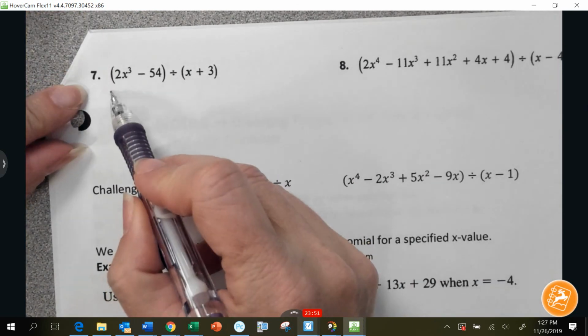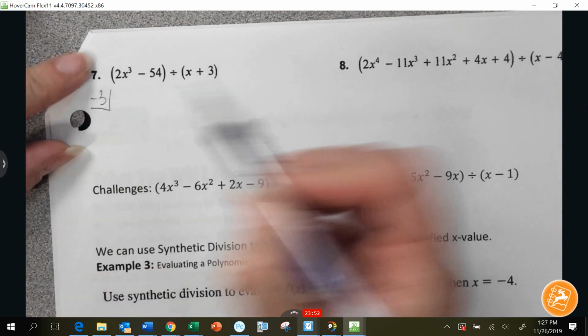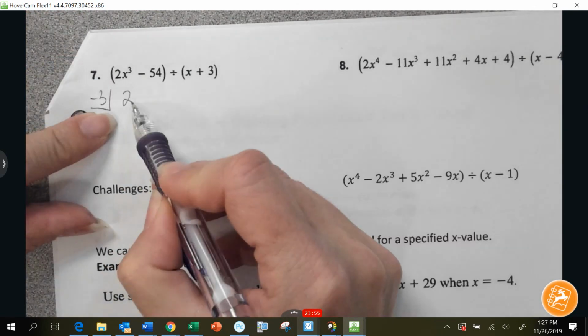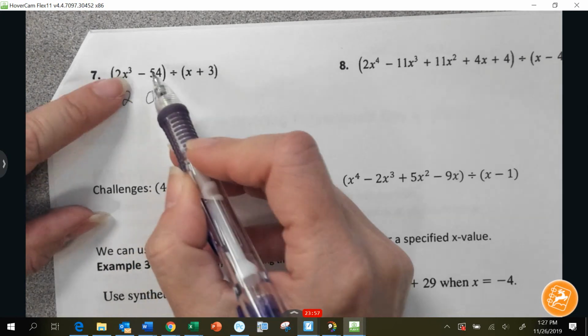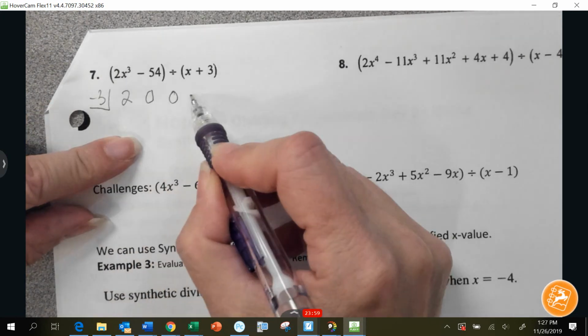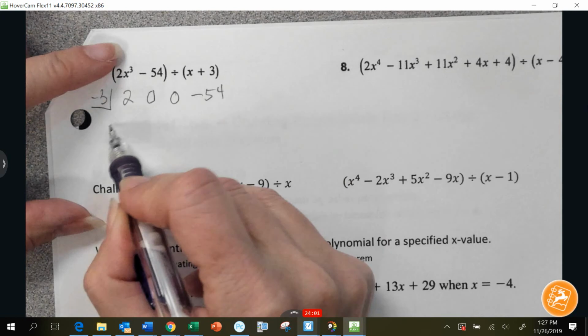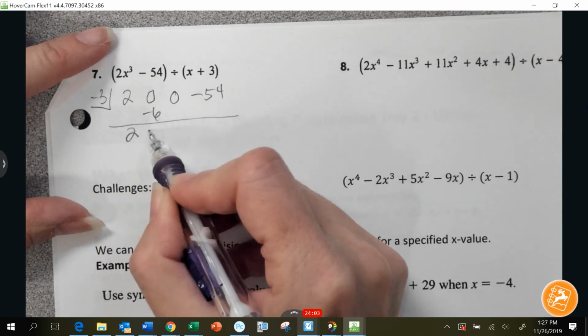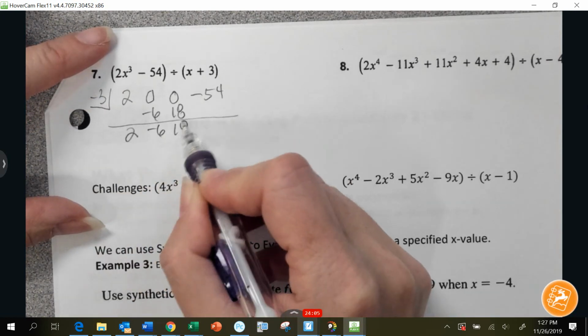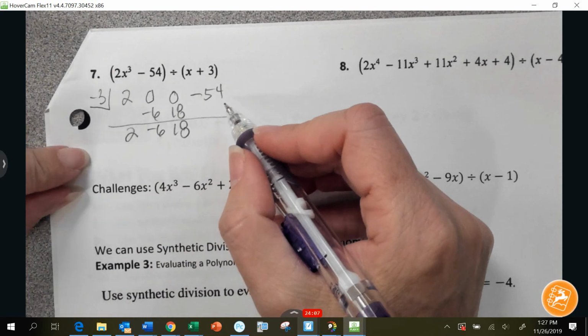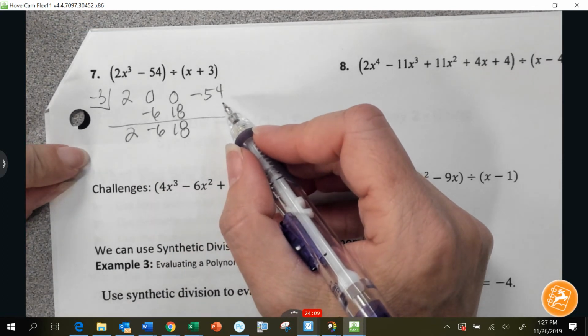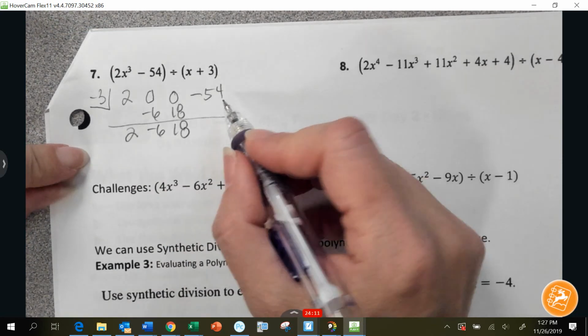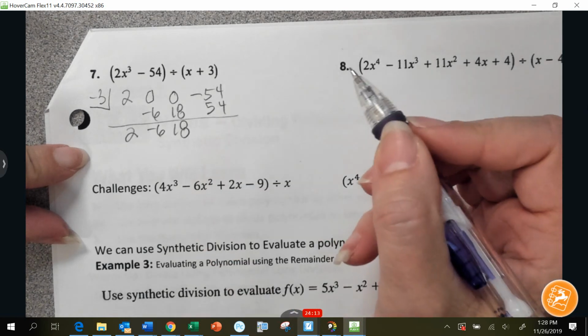All right, so number 7, negative 3 would be my K value. I'll have a 2, but there's no x squared, so I have a 0, and there's no x, so I have another 0, and then negative 54. Is that 54?